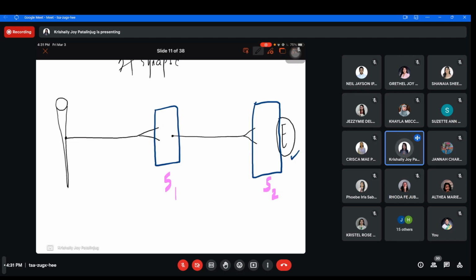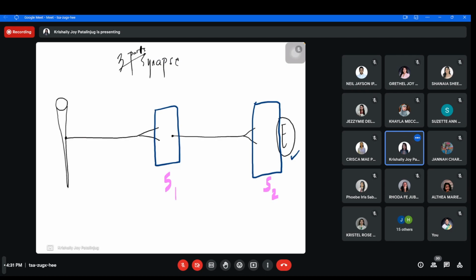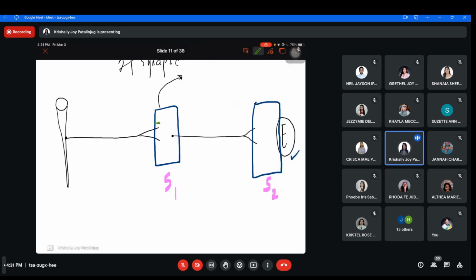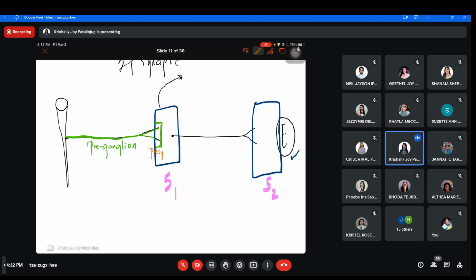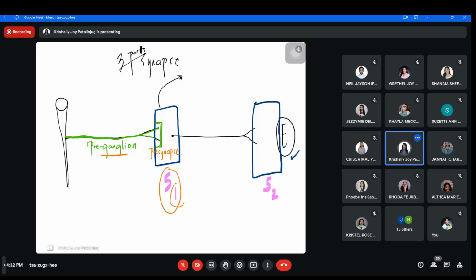Now, in synapse 1, when we magnify that portion, the terminal part of the preganglion we consider as the pre-synapse, because that is the first part of a synapse. The end of the preganglion is the presynapse in synapse 1.